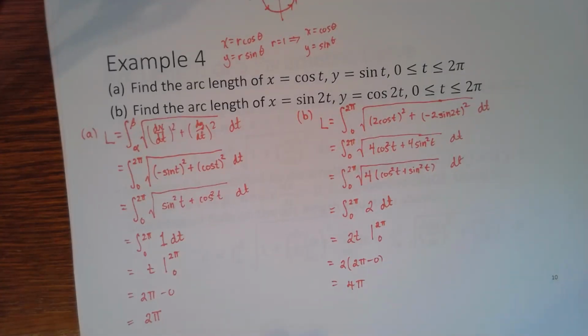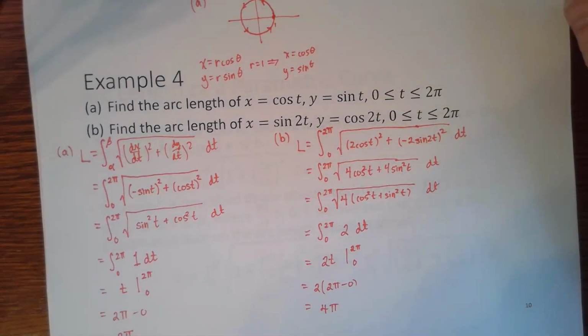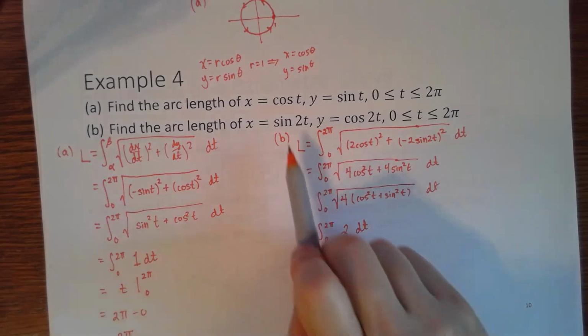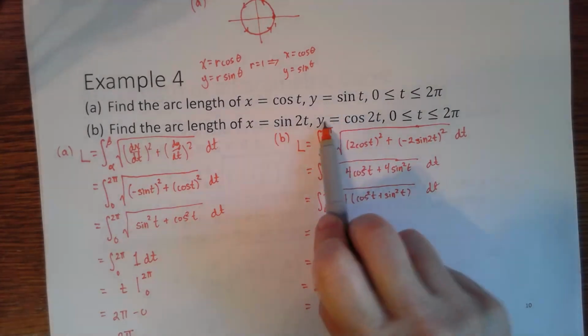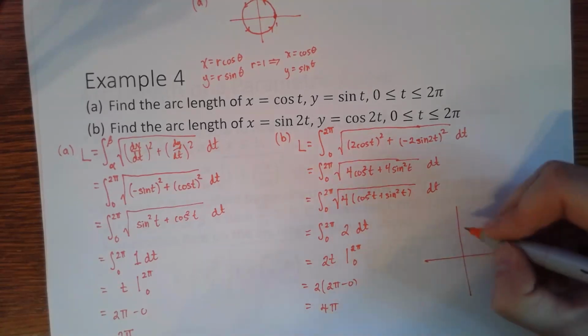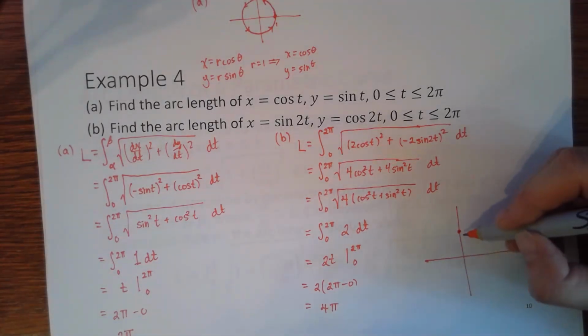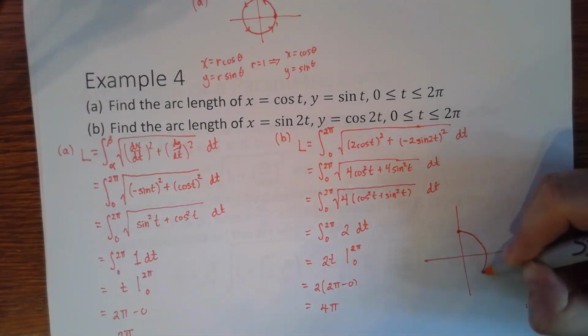Now, again, this is also a circle. But this one, because the sine is with x and the cosine is with y, actually starts up here and goes around clockwise, so it goes this direction.